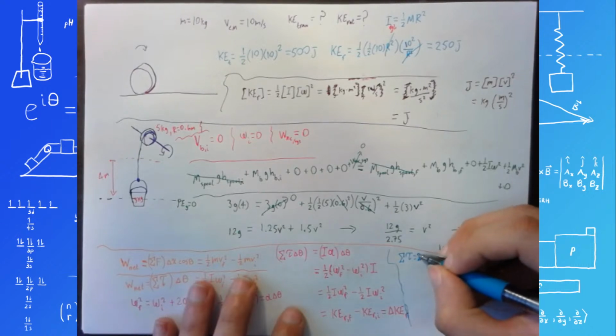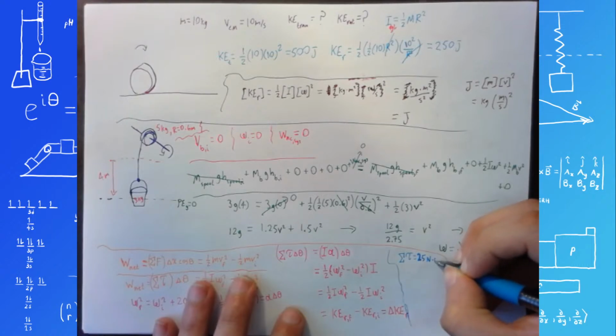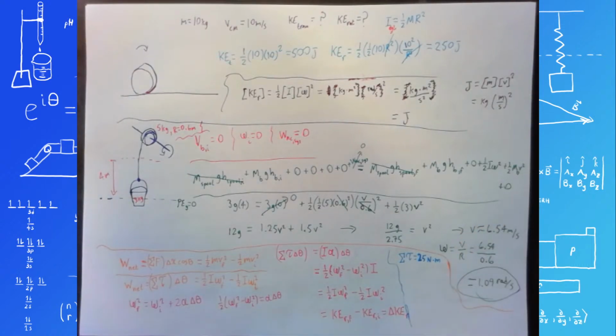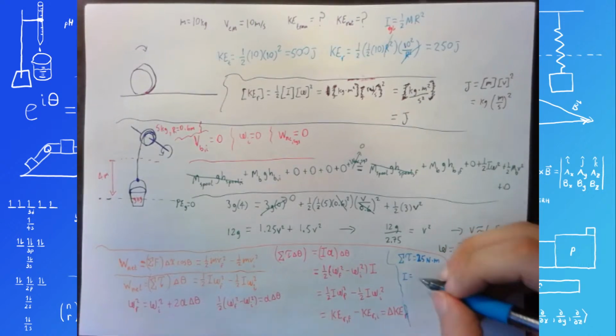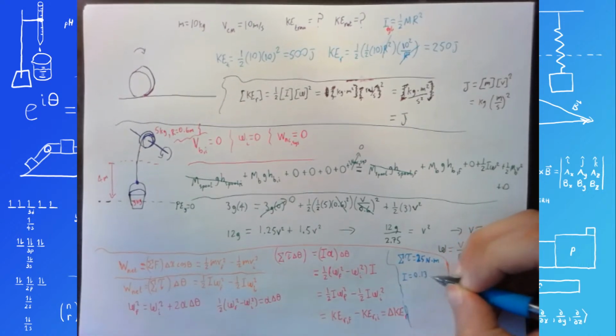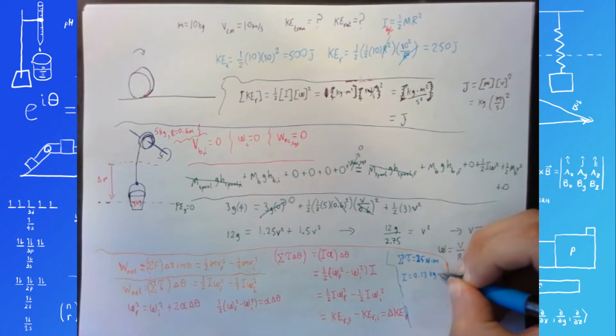I was reading the other thing, and that doesn't even say 15, it says 13, so I mixed both of them together somehow. 25 Newton meters is the net torque, and the object's moment of inertia is 0.13 kilogram meters squared.